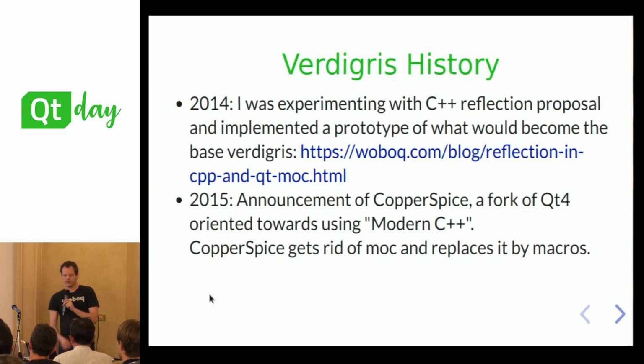Then in 2015, there was this fork of Qt called CopperSpice. I don't know if you've heard of it. Who here has heard of CopperSpice? Very few people, and that's expected. They forked Qt 4 and claimed Qt is really nice, but it's really from the 90s. It's old. We want to do modern C++. We want to use more of the STL and templates, and we do not want to use moc.